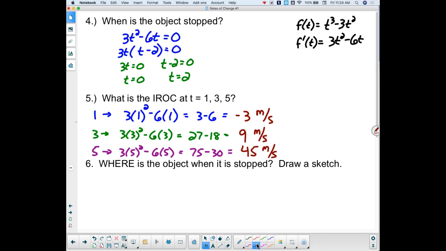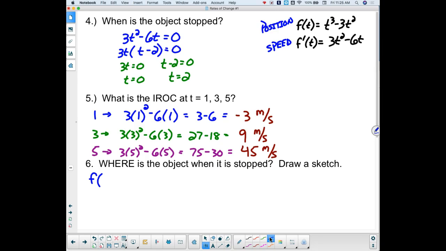Where is the object when it is stopped? For this one, I would have to find f, my position function. Remember, this one is my position, and this one is my speed.